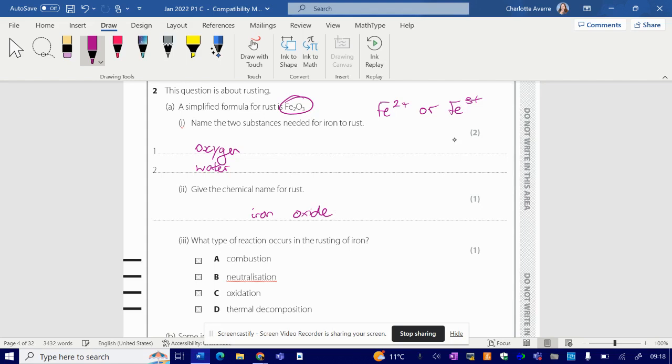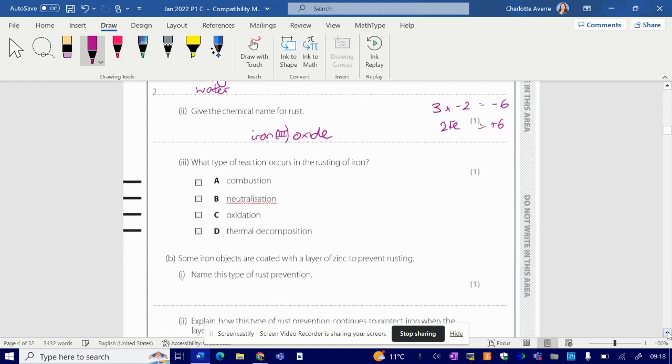We've got 3 oxygens, each of which has got a -2 charge. So altogether my oxygens are going to have a charge of -6. Therefore, to balance that, I need 2 ions to add up to +6, which tells us that each ion has a charge of +3. So in brackets here, I'm just going to put my Roman numeral for 3 to show that I understand that the ion is 3+.